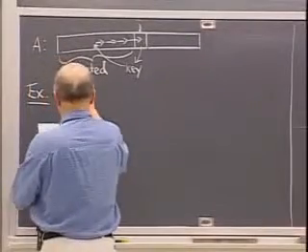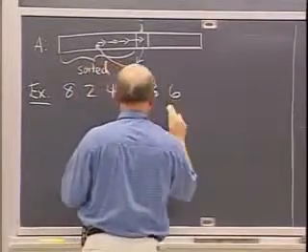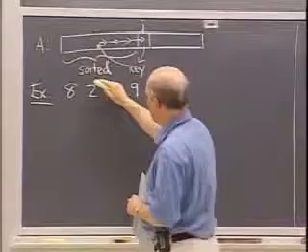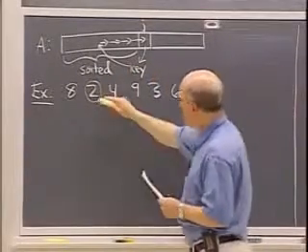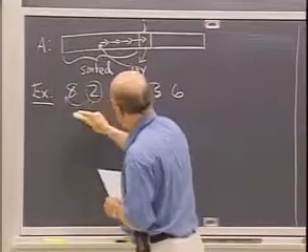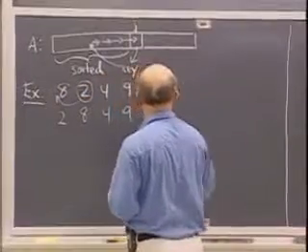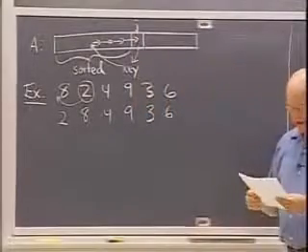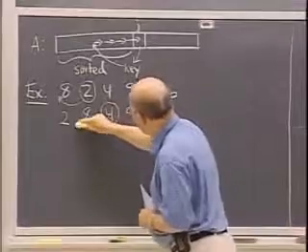Okay? So let's give an example of that. So imagine we're doing 8, 2, 4, 9, 3, 6. We start out with 2, j equals 2, and we figure out that we want to insert it there. So now we have 2, 8, 4, 9, 3, 6. Then we look at the 4, and we say, oh, well, that goes over here.